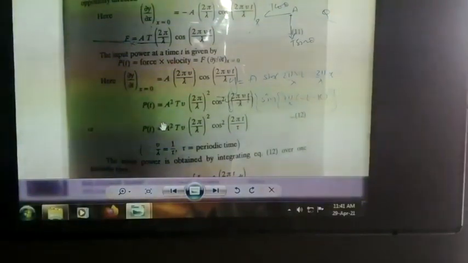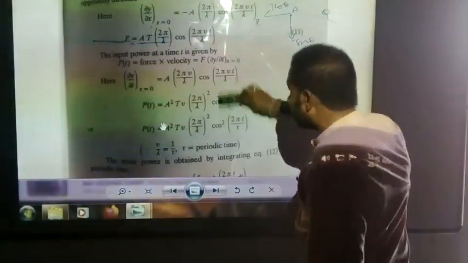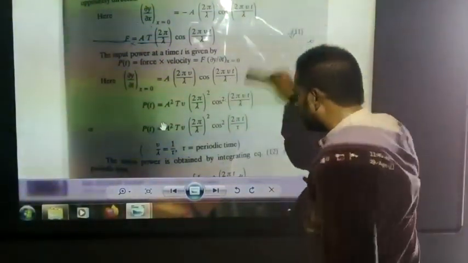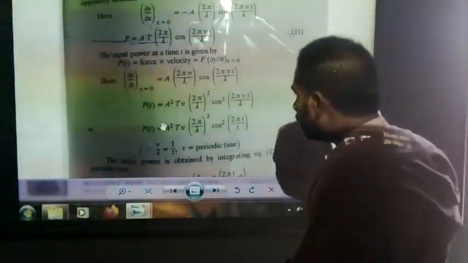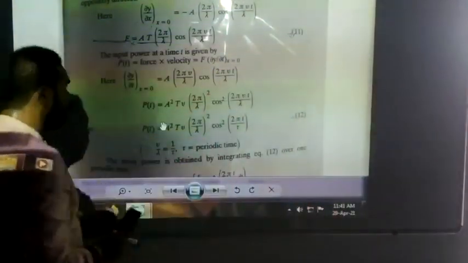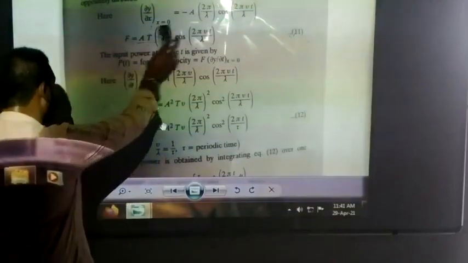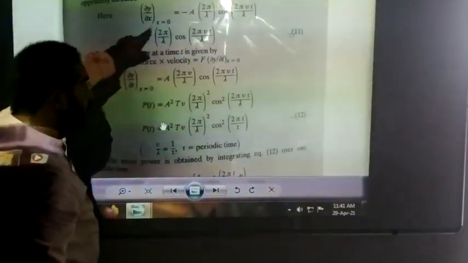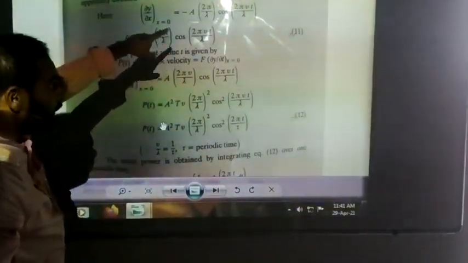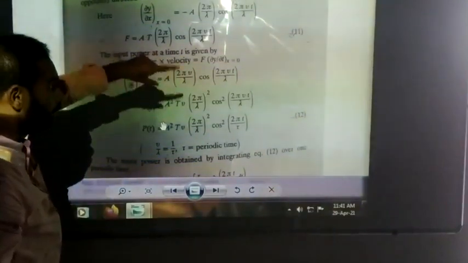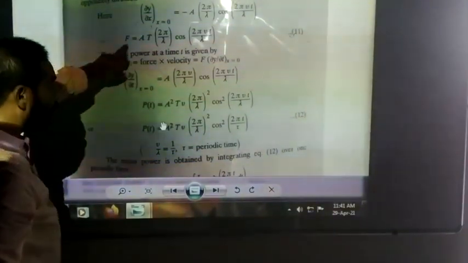If you observe here, we got ∂y/∂x at x = 0 as minus a 2π/λ cos 2πvt/λ. But what is the force?